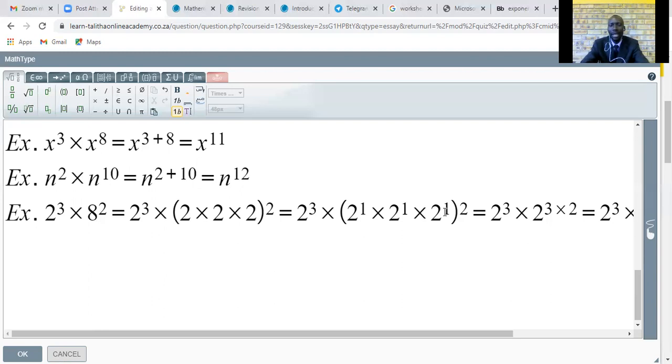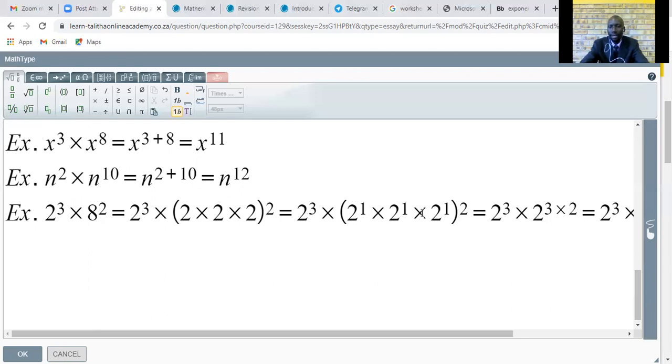Because we had seen that a number without exponent is the same as that same number with exponent of 1. And so we could just write it as 2 power 1 times 2 power 1 times 2 power 1. Now this way gives us an easy way of dealing with it. So we have to deal with what is inside the bracket first before we then simplify the whole thing.